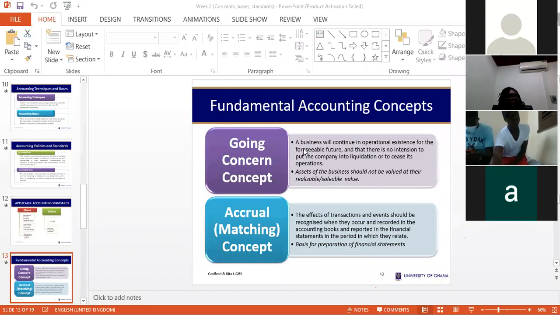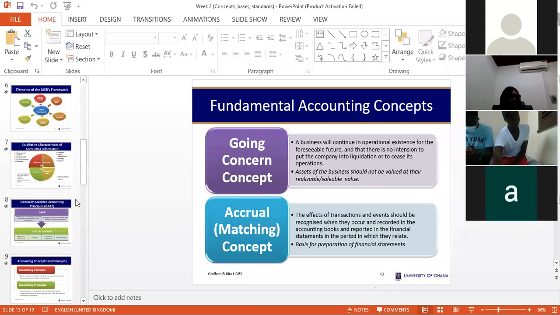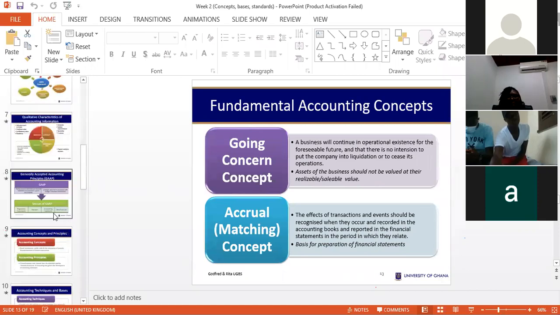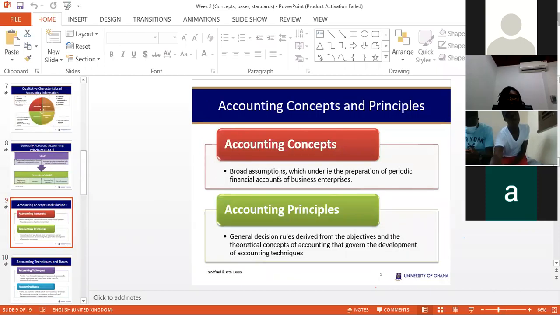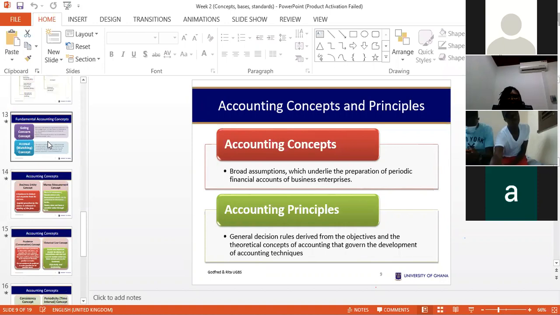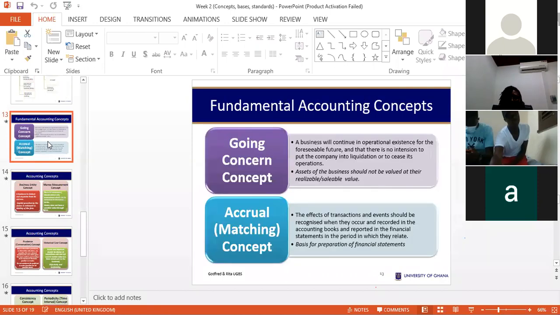We come to the concepts, and I did indicate I should refer you back to accounting concepts. We said they are broad assumptions that underlie the preparation of the periodic financial statements. Let me also recall that I told you that these assumptions, we hold them constant, just like the economics students will tell us that the higher the demand, the lower the price, all things being equal.